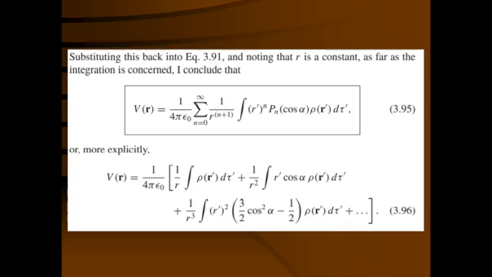This is the potential contributed by higher multipoles. This is equation 3.6, which is important.